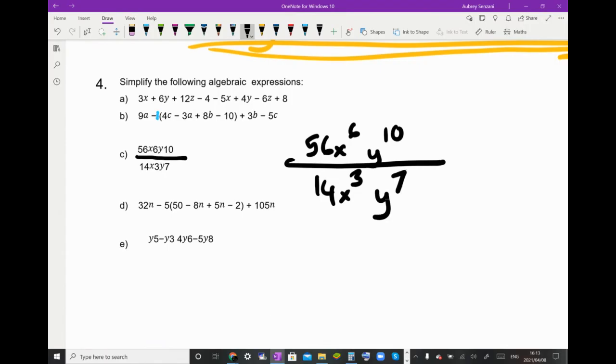Am I correct? Yes. So this is pretty much the same as saying the following. We can divide these numbers, 14 into 56. How many times does 14 get into 56?